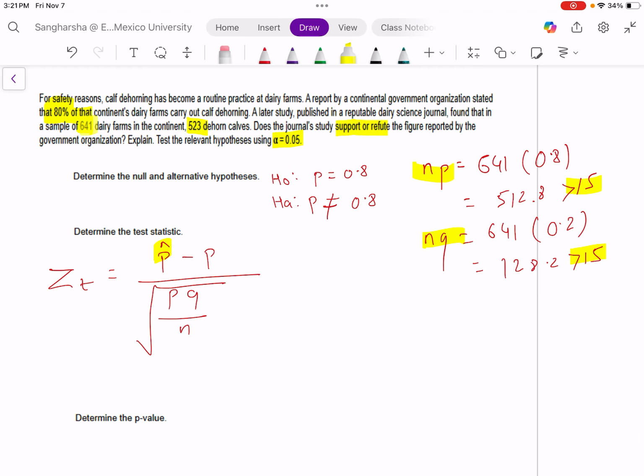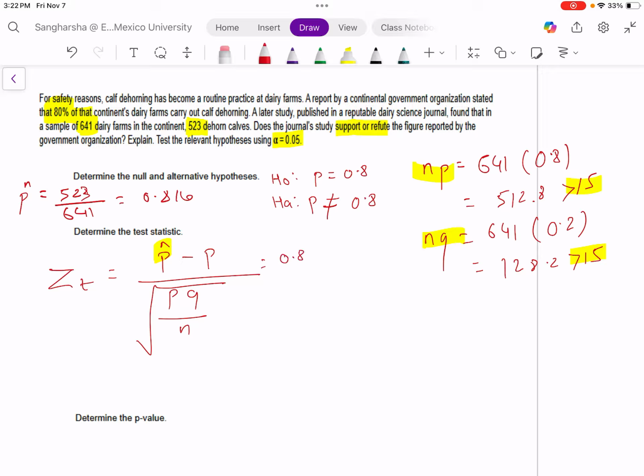Out of 641, 523 dehorn, so the fraction p hat is 523 divided by 641, which is 0.816.